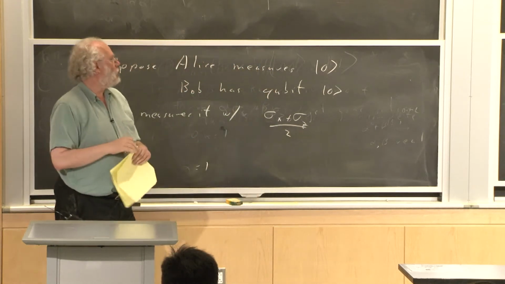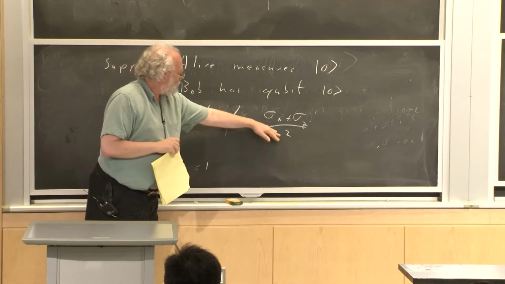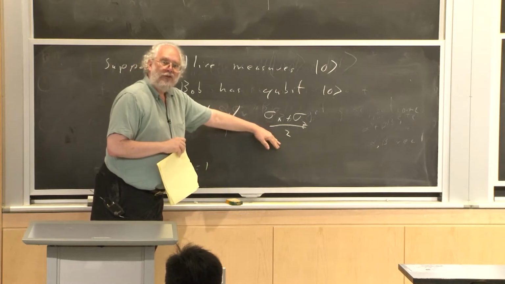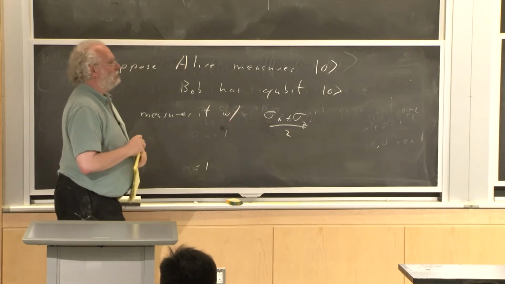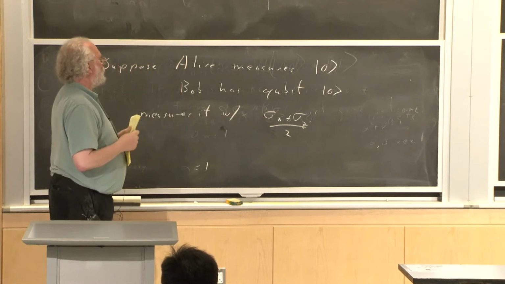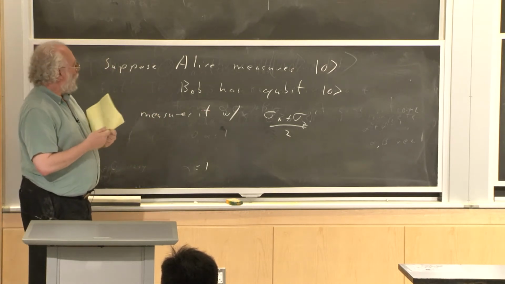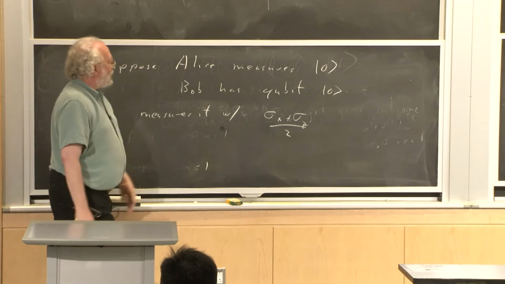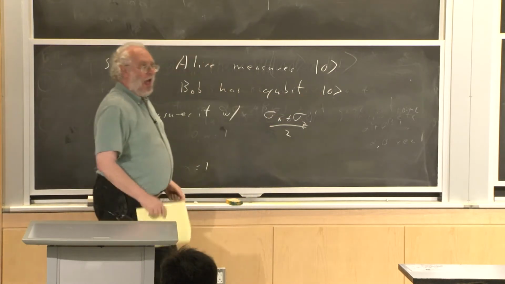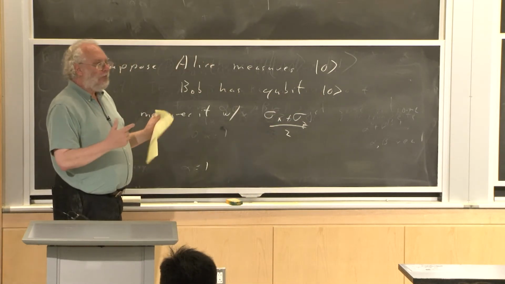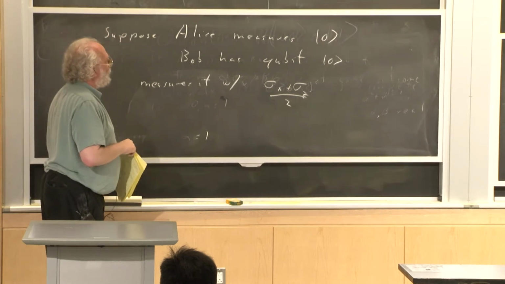So what is the probability that he gets the eigenvector plus 1 for this? Well, one way to do this is compute the eigenvector plus 1 and take the inner product of it with 0 and square it. But there's an easier way.